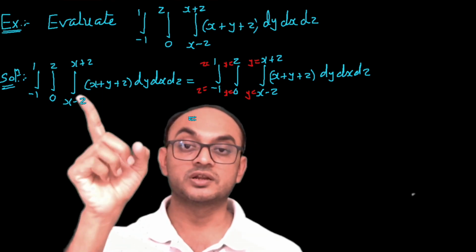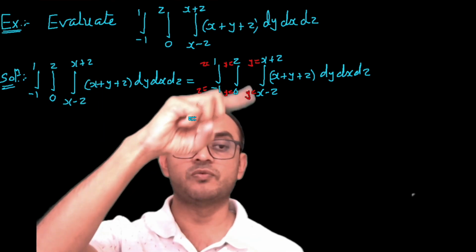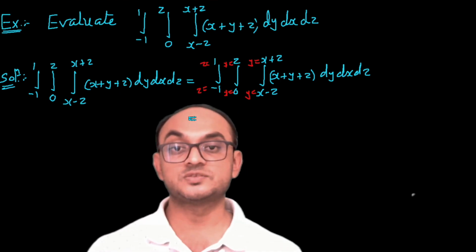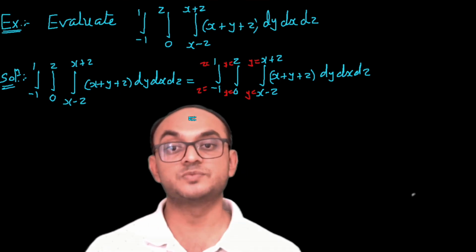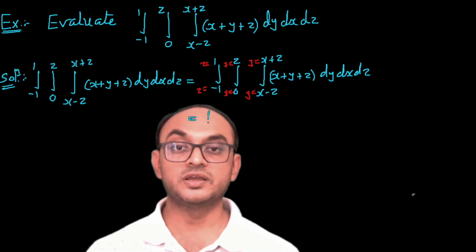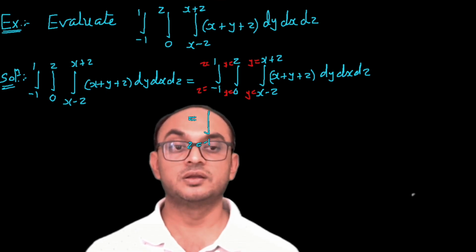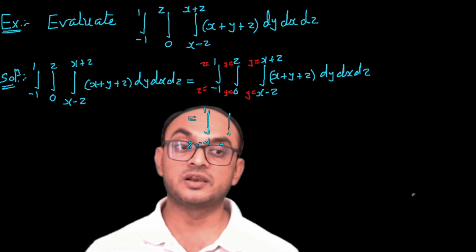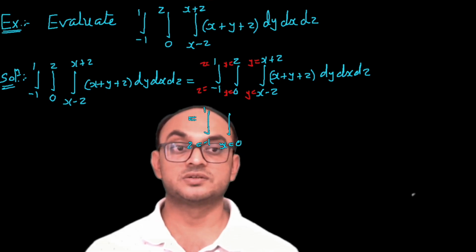Now with respect to which variable first do I need to integrate? The innermost one is the limit of y, from x minus z to x plus z, so first I integrate with respect to y. When we integrate with respect to y, the variables x and z are treated as constant.